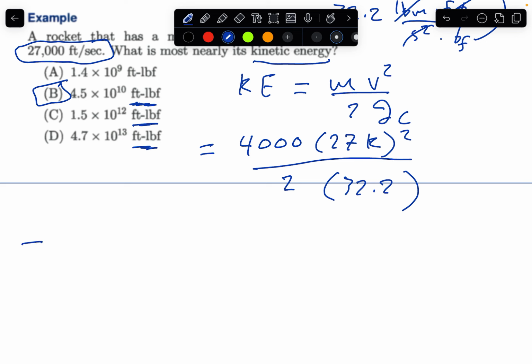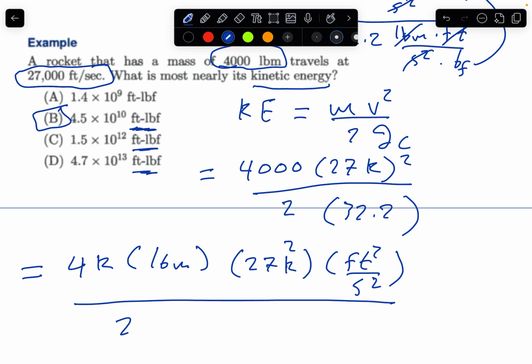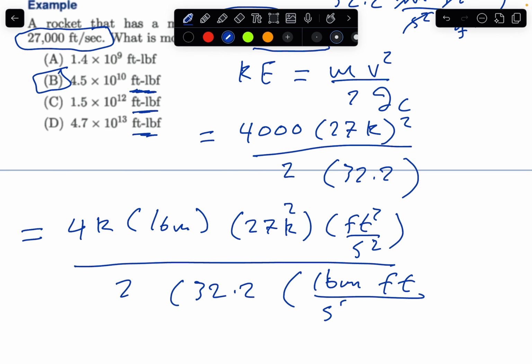Okay, let's do it. So it's 4K, the unit of that is pound-mass, and we have here 27K squared, so the unit of that will be foot squared per second squared. The 2 is dimensionless, and 32.2 has the unit pound-mass foot divided by second squared times pound force.